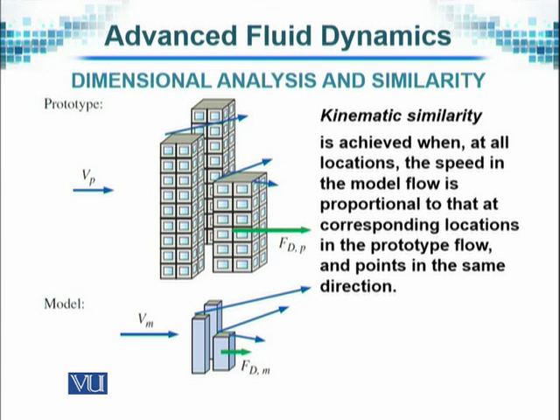And in the model on which the experiments are being carried out, the velocity of the model is denoted by the subscript M. The subscript P refers to the prototype problem and M refers to the model in the laboratory on which the work is being done. And what is being argued here is that the direction of the velocity should be the same. It should be proportional. It need not be the same.